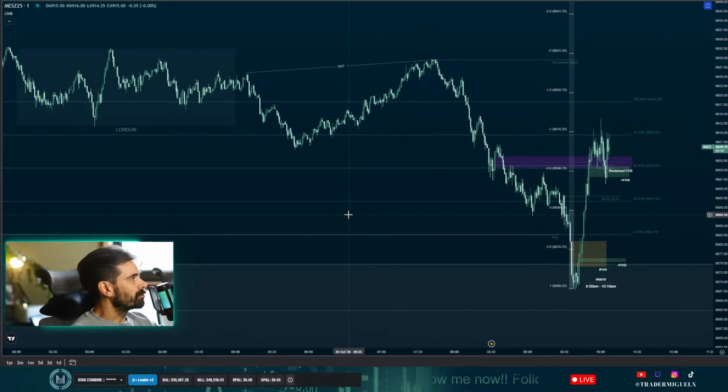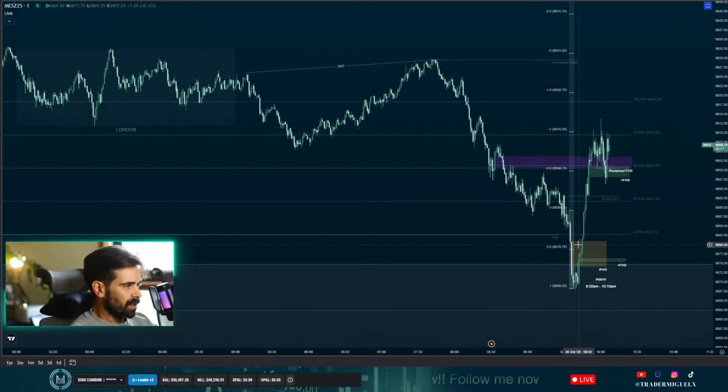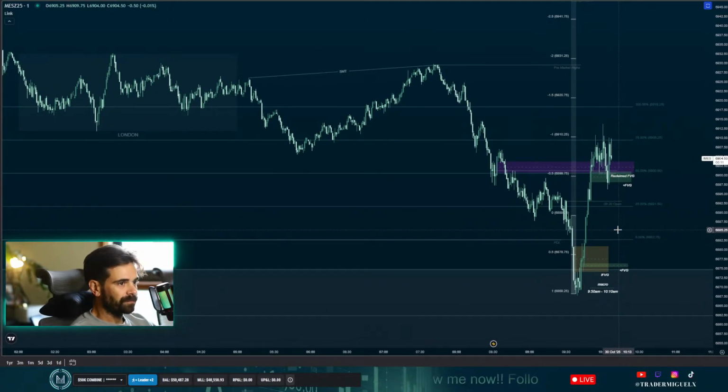I was expecting a move higher from here, but not a move like this. I was expecting something a bit slower, but price was too aggressive for me, and it left a lot of imbalances behind.